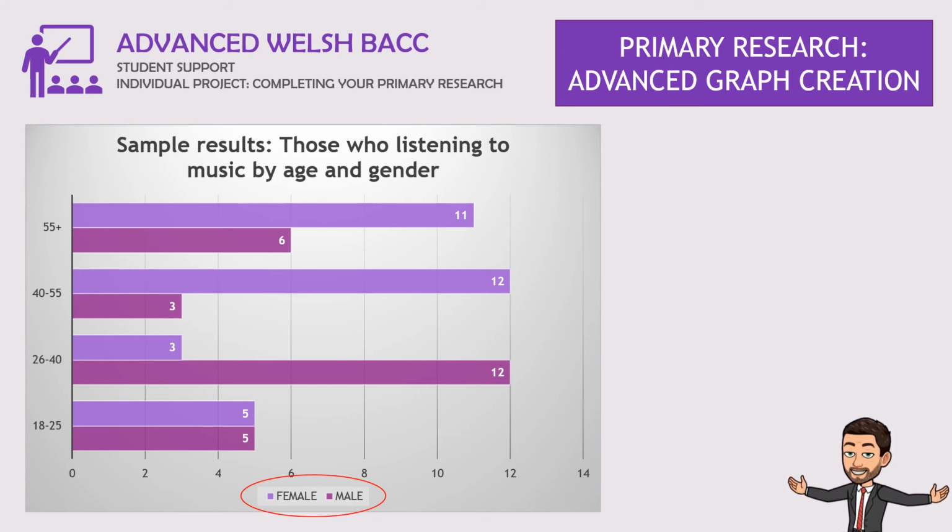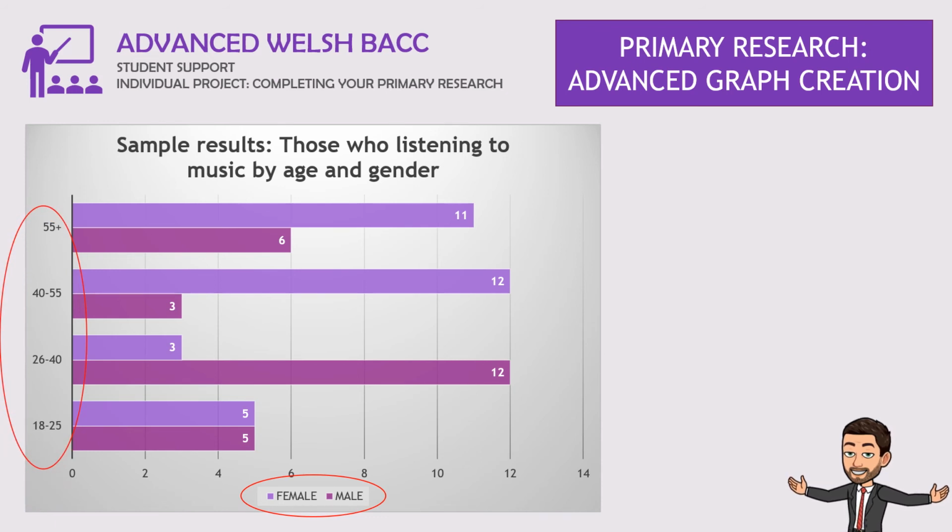If you made sure that you had a question that looked at gender or age or profession, then using my example of the pie chart, I'm not just analyzing the findings of everyone, I'm then able to analyze the findings by gender, like I am here, and I could start analyzing the trends regarding gender and how they answered. That might throw up some really interesting analysis. Again, this is higher level stuff. If you're really aiming for the top grades, you need to be demonstrating that you can do this.